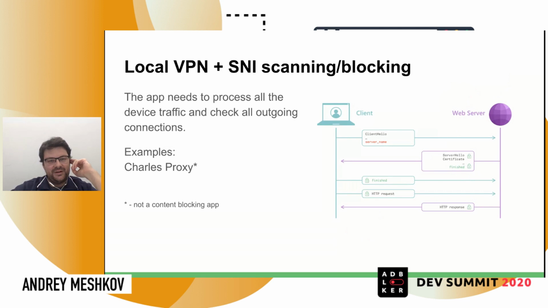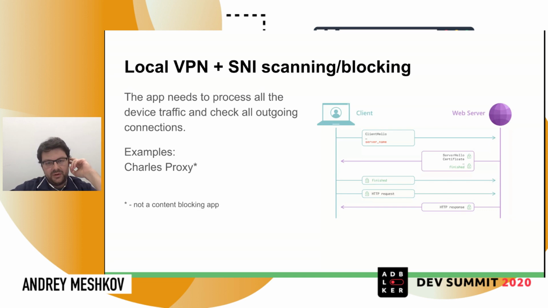Next thing I'd like to talk about is a more complicated technique. It's called local VPN plus SNI scanning/blocking. The app that does that actually needs to process and scan all the device traffic. It looks for some patterns there. For instance, every TLS connection has a so-called server name indication field in the first packet.